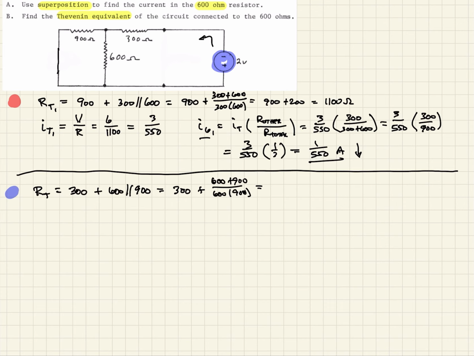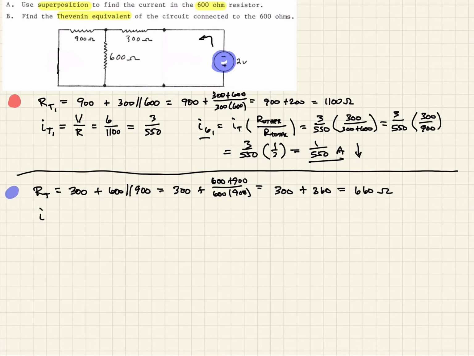And that works out to be 300 plus 360, which ends up being 660 ohms.